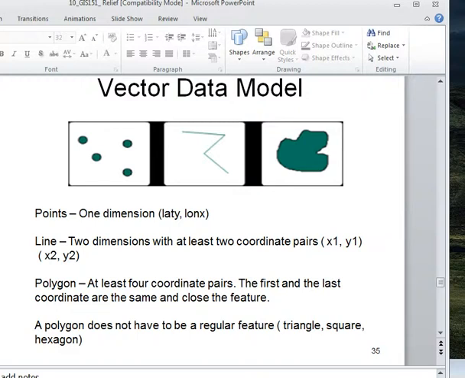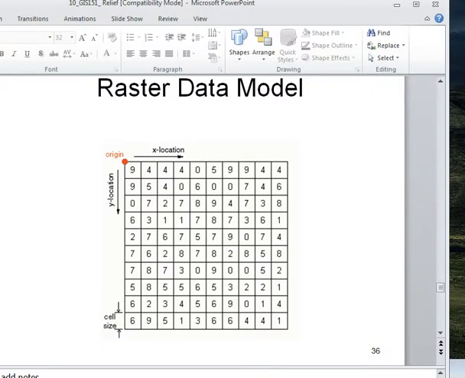For a digital elevation model, they use what's called a raster data model. Basically, they take an area, they being cartographers or geodeticists or something, and create a grid that goes over the area.